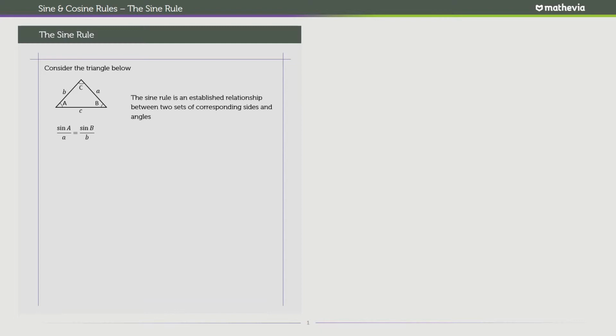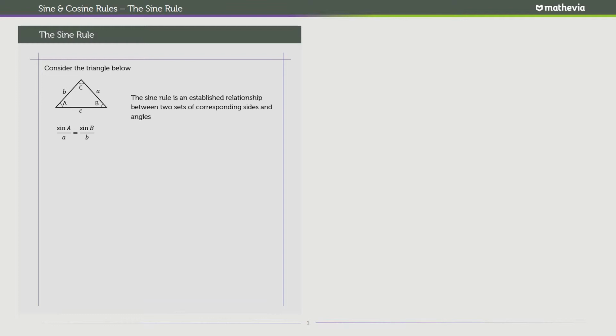So, for example, you have sine A over a equals sine C over c, or sine B over b equals sine C over c, or sine A over a equals sine B over b. But just know that for every angle, the ratio of the sine of the angle and the length of the corresponding side is always fixed, and it's equal for all three sets of angles and sides.